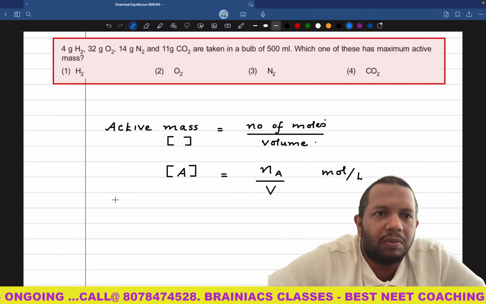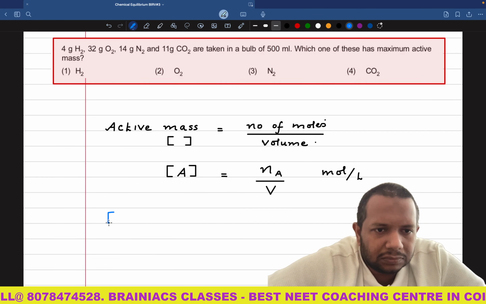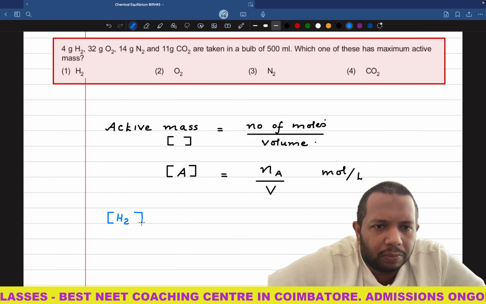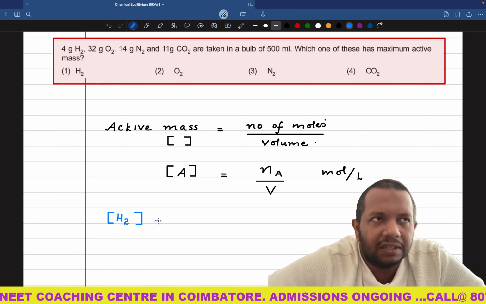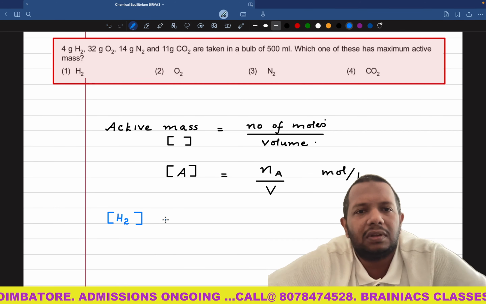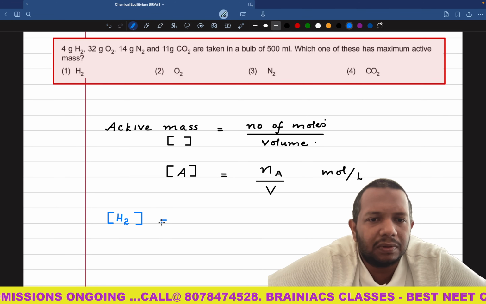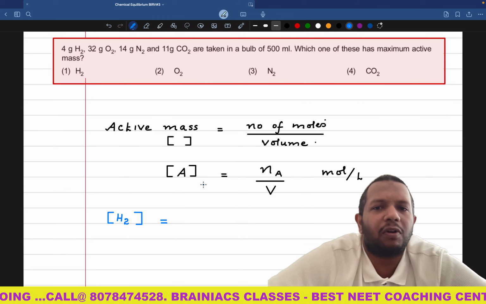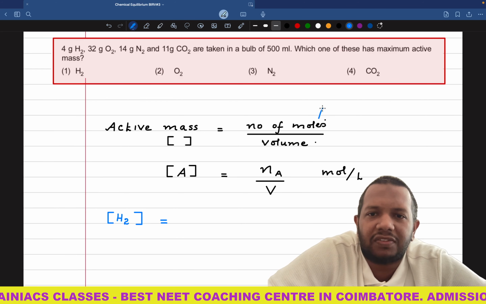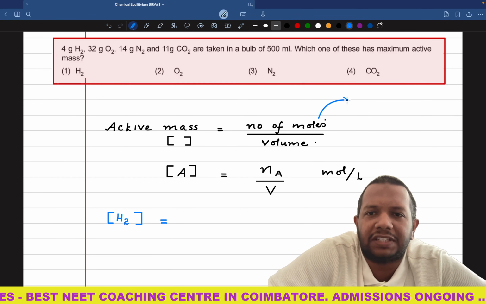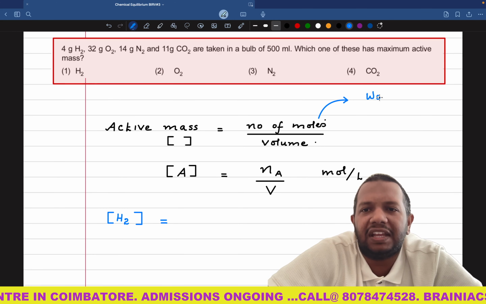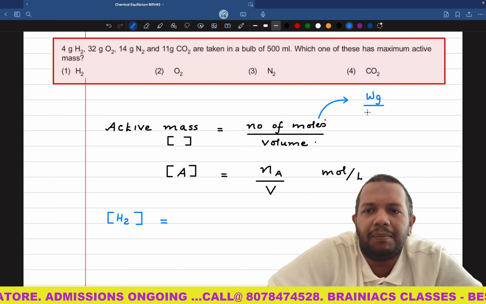First we will do the active mass of hydrogen. So the active mass of hydrogen is equal to, how much, sir? We need to know the number of moles. You might have learned in our first chapter, the number of moles is equal to weight in gram divided by molar mass.